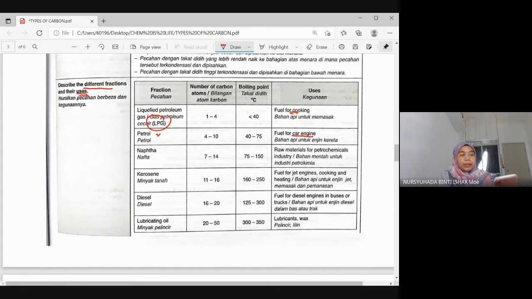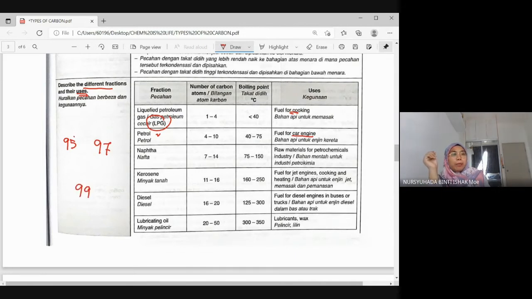Okay, beza dia adalah kuantiti lead, kuantiti plumbum dalam minyak tu. Contohlah kalau 95 dengan 97 kan. Lepas tu kalau yang V-Power tu I think 99 kita panggil.